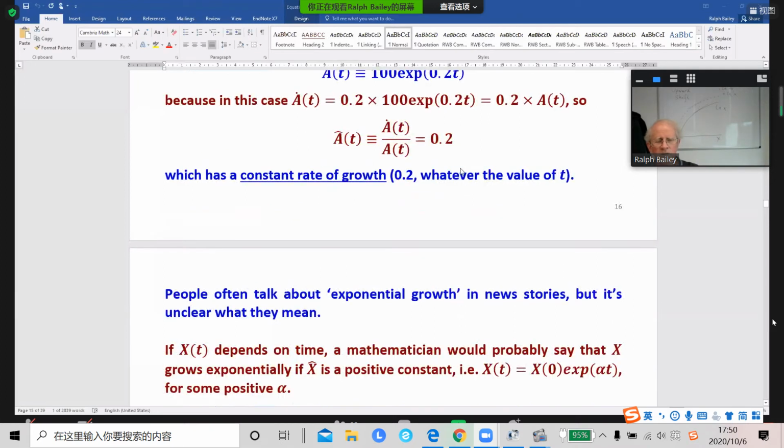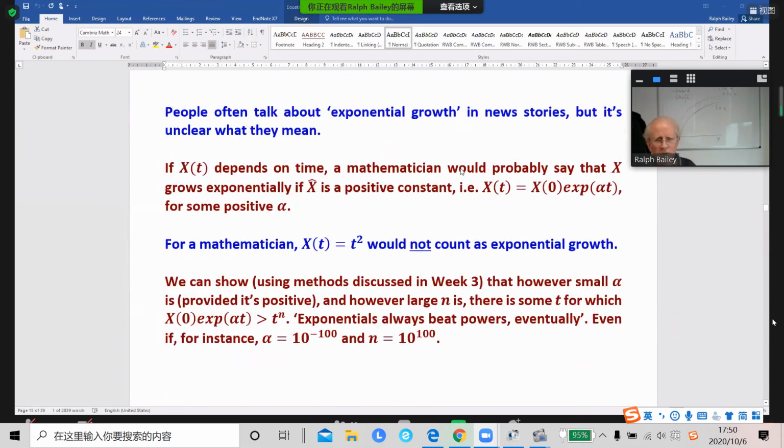This term exponential growth you hear on the radio a lot. I'm never quite sure what people mean, because unless they're all good mathematicians, I don't think they mean this. I think they probably mean just faster than proportionate growth, or faster than constant growth.